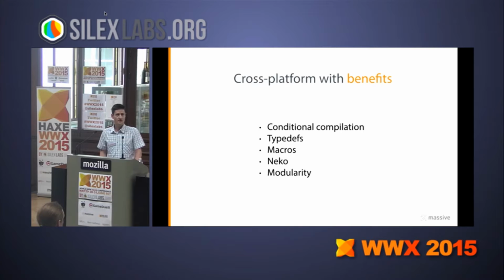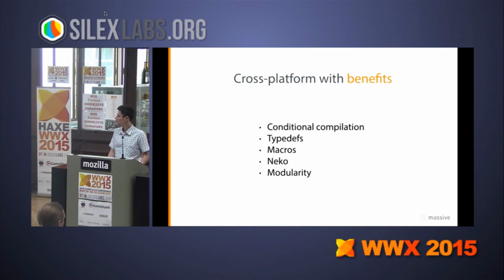The choice of Haxe was very much about this cross-platform aspect, but also because it has incredible benefits in terms of conditional compilation. That is, within a code base, within one class, you can switch implementation depending on your target. Then you have the typedefs that allow you to switch entire implementations depending on your target, or make different views completely.